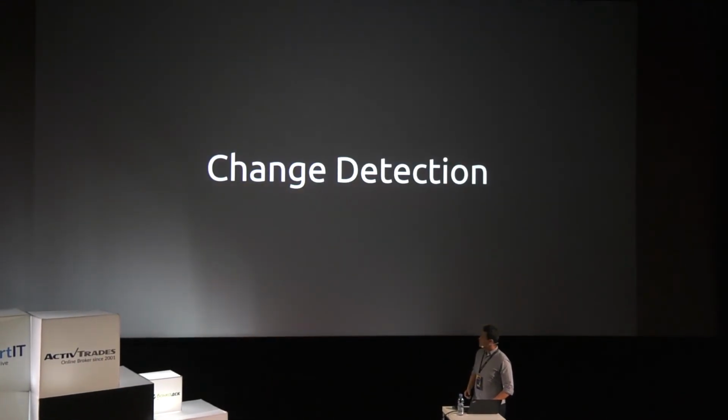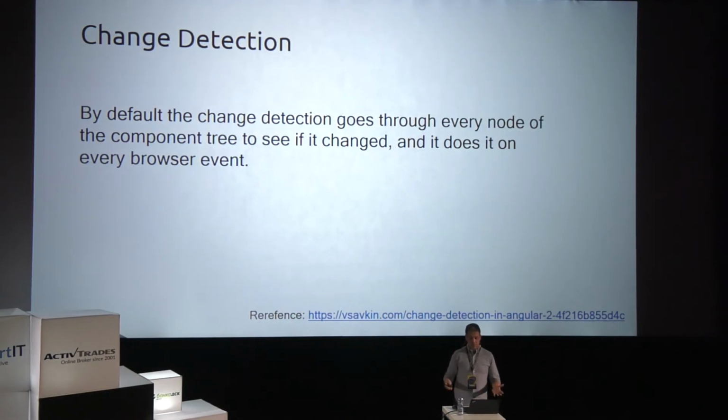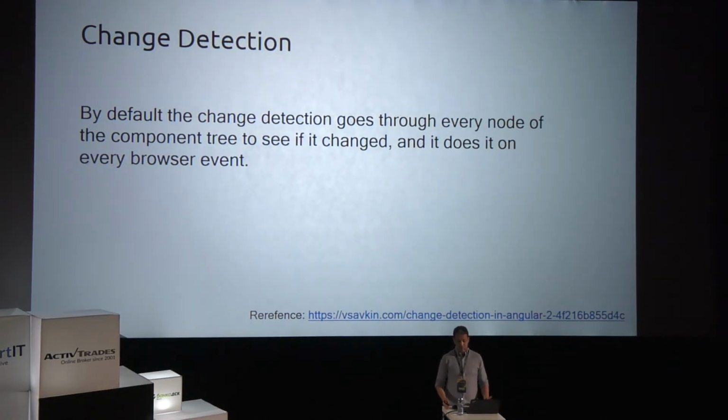Okay, so let's talk about change detection. In Angular, by default, the framework separates updating the application model and reflecting the state of the model into the view. Our responsibility as developers is to update the application model, and the responsibility of the framework is to update the view.